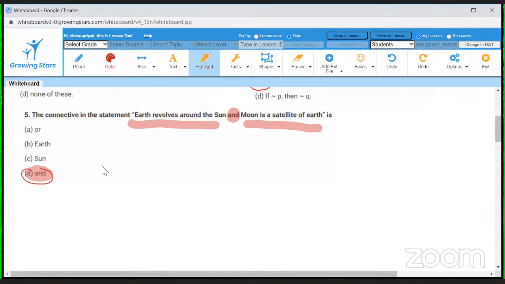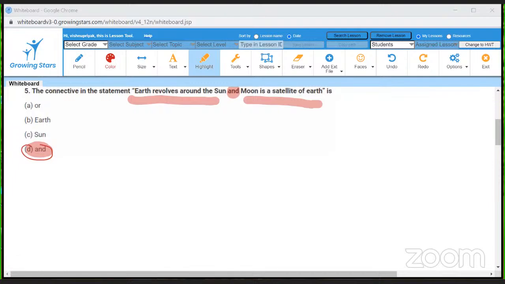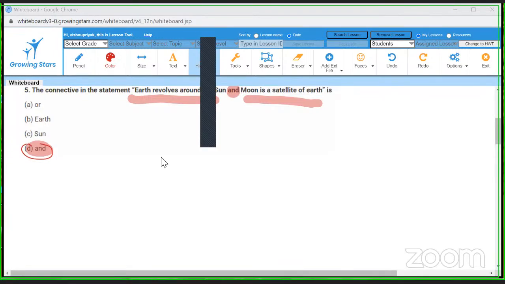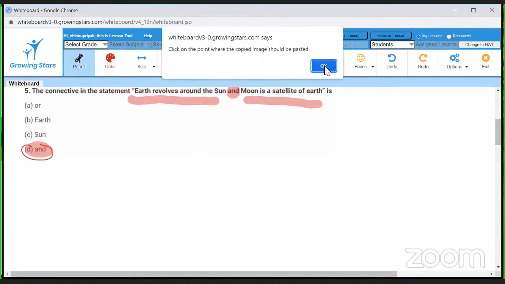'And' is a connective which connects two statements. Okay, next, sixth one. I'll put question number 6.